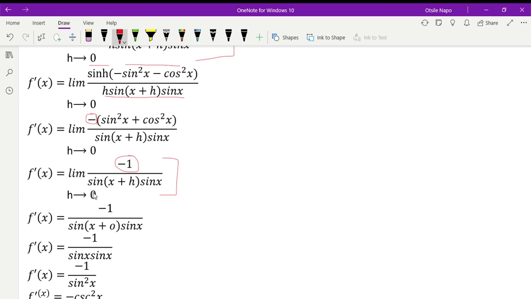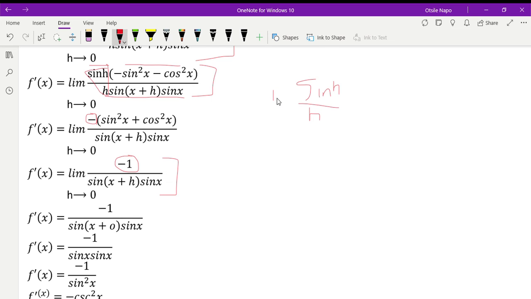One thing we did up here is that there is a special limit of sine h over h as h approaches 0, which is equal to 1.